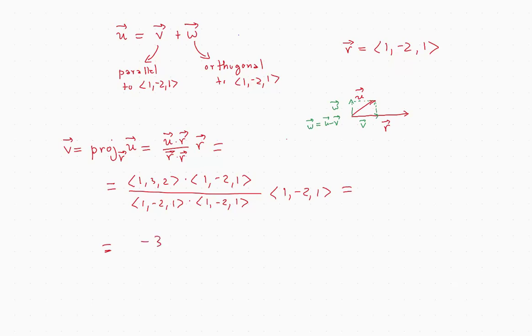And what's the dot product of 1, negative 2, 1 by itself? It's going to be 1 squared plus negative 2 squared plus 1 squared. That's 6. And you want to scale the vector 1, negative 2, 1 by this number. And what is this going to give you? Negative 1/2 times 1, negative 2, 1, which actually gives you negative 1/2, 1, negative 1/2.